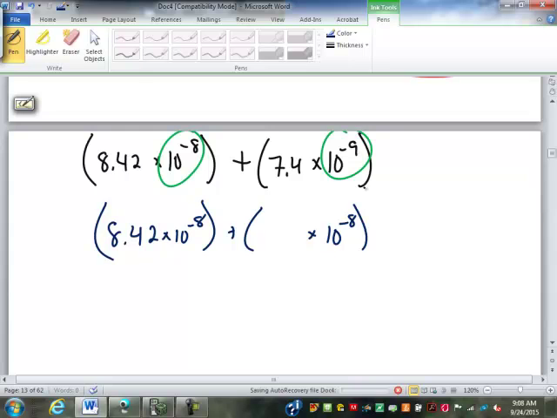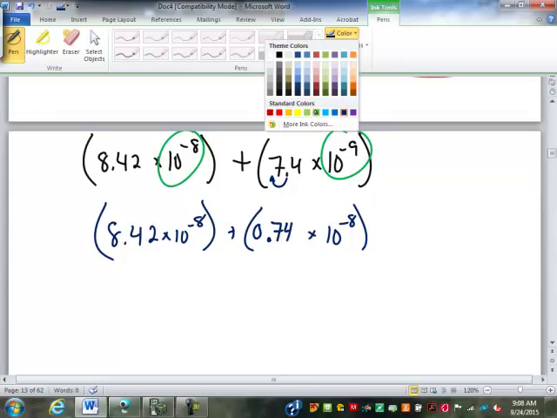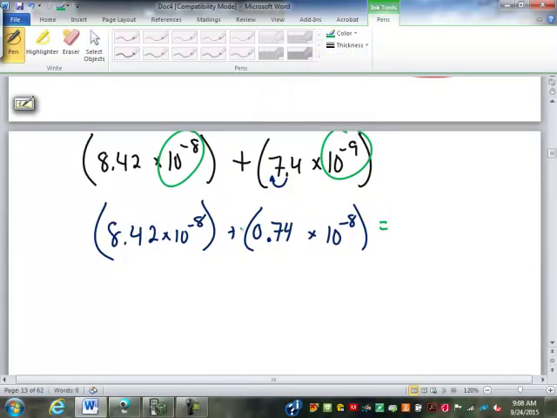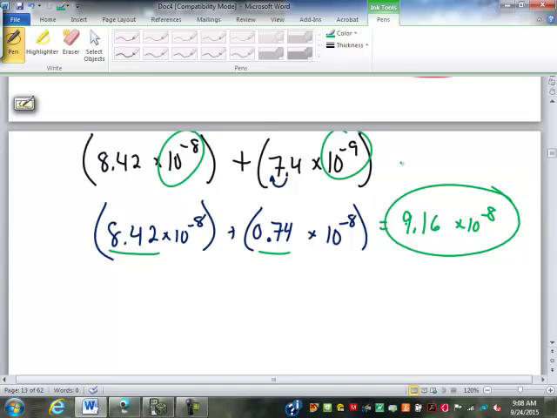The power got larger by 1, so the number gets smaller by 1 place value. So this is now 0.74. Now we can add 8.42 plus 0.74, which is 9.16 times 10 to the negative 8. How many had both of those correct?